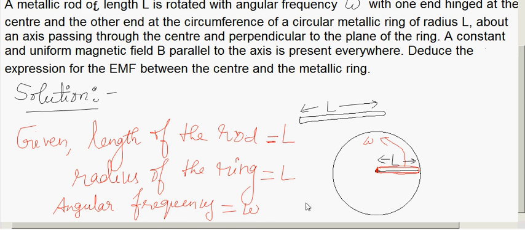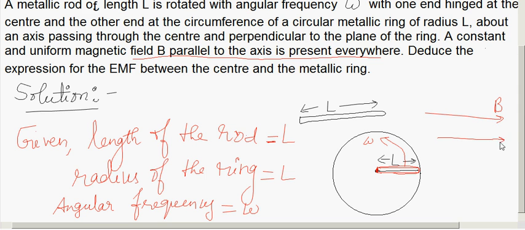Now when this is rotated, the flux linking the coil changes because we have a uniform magnetic field B present parallel to the axis. The axis is nothing but the area vector passing through the center.